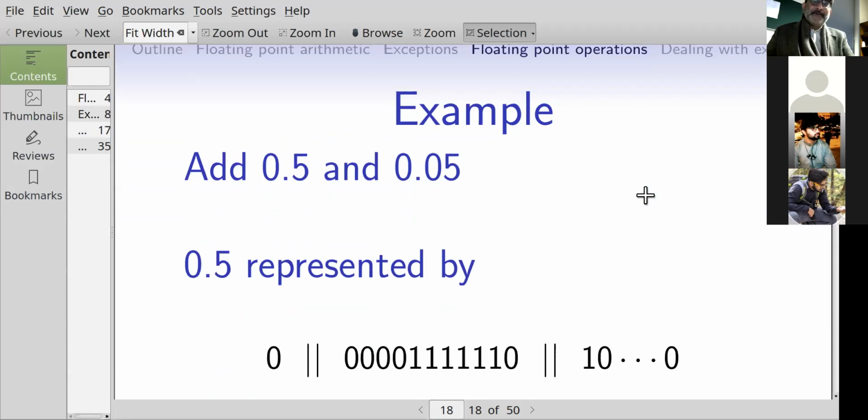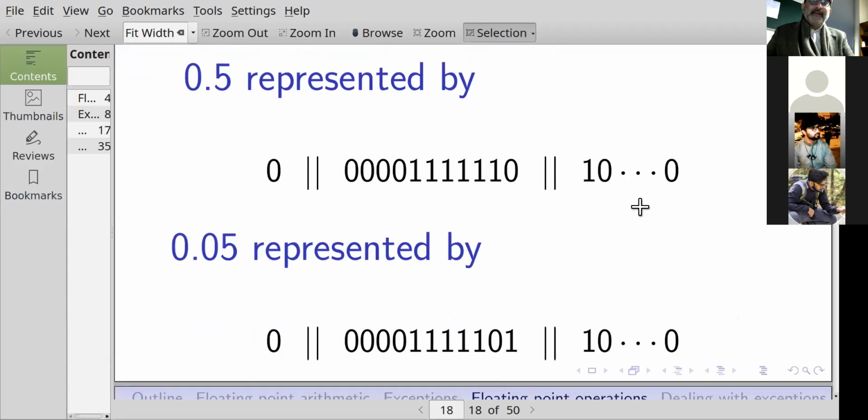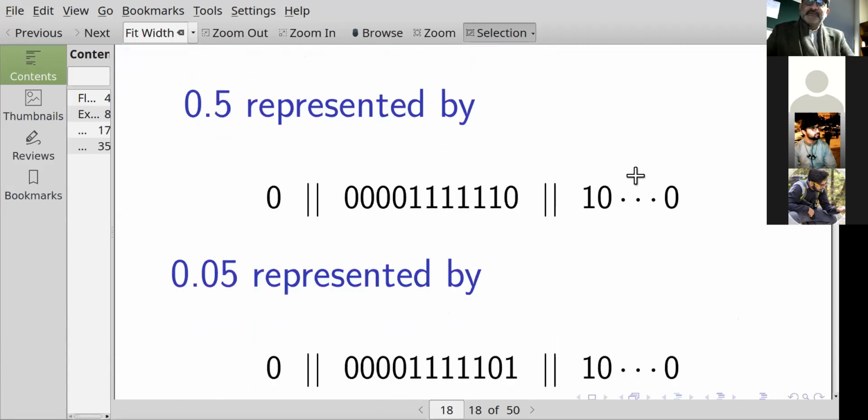So I went online and they showed me that this is the way that you represent 0.5. And then I went online and it turned out this is how you represent 0.05. I hope I wrote that down right. But anyways, you get two representations using 64 bits for 0.5 and 0.05. Now, can you suggest how we might add those two together?